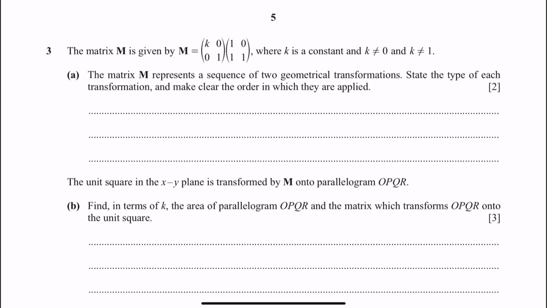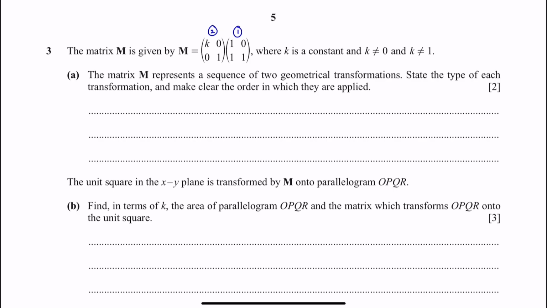Question 3 is about matrix, and we are given that M is a combination of two transformations. And we need to state the type of each transformation. So this would be the first transformation, and this would be the second one. The order goes from this to the next one, instead of from the left one to the right one.